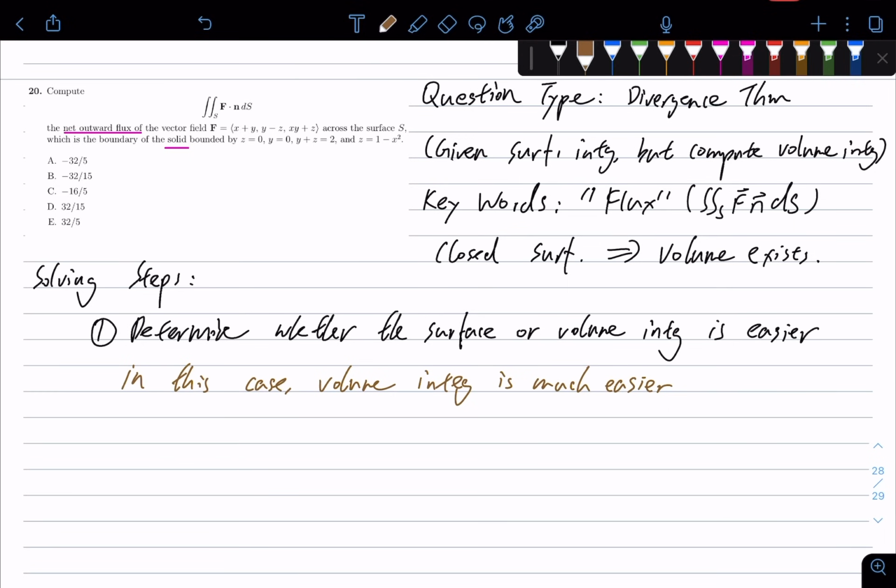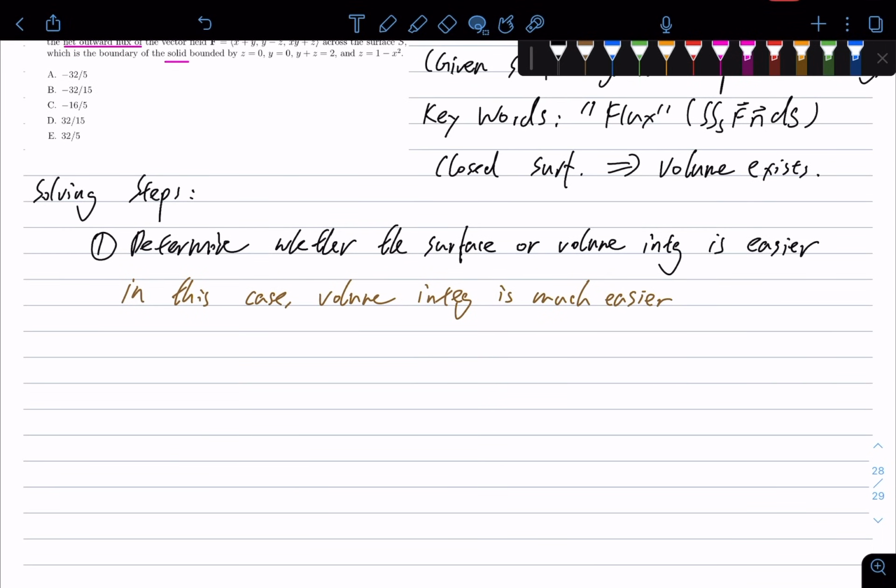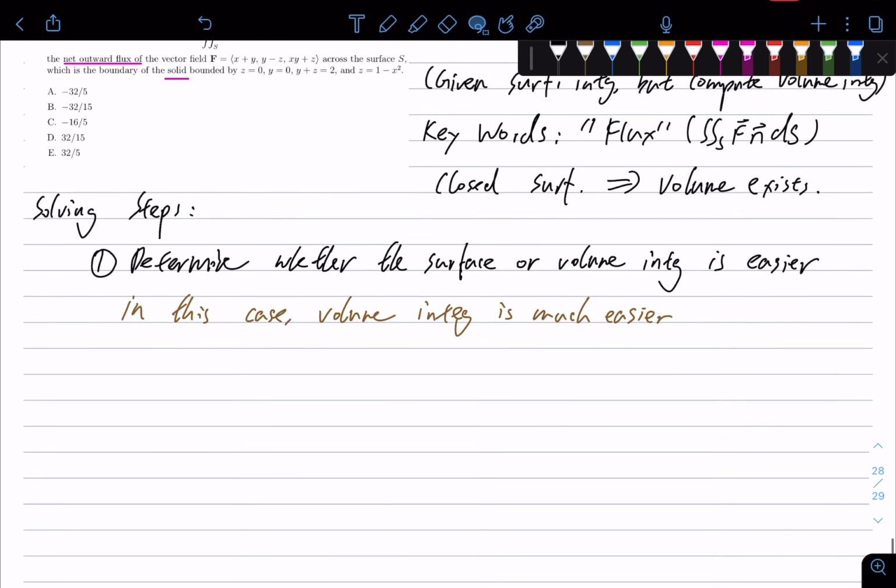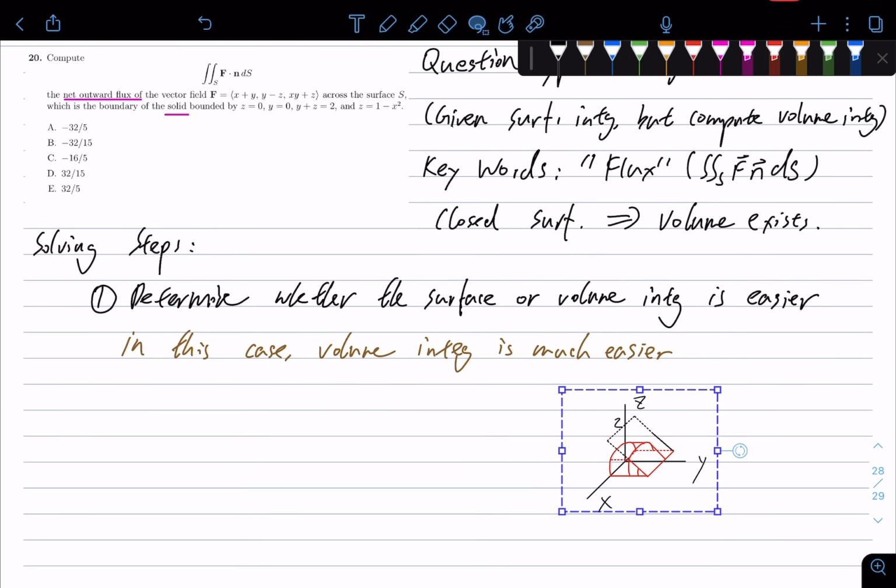So my point is that many times to compute the divergence theorem, you will require multiple surface integrals, right? Because a solid usually consists of more than one surface. So it's oftentimes a lot easier to just compute a volumetric integral because there's only one volume, but there could be multiple surfaces. Okay, and if you just happen to have the time, which I highly doubt you will on an exam, this is what the region looks like.